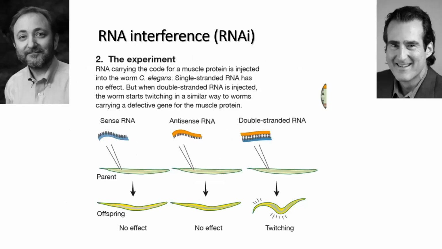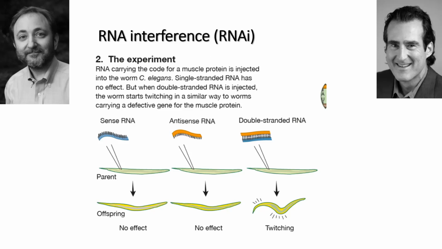Okay, so RNA interference, RNAi. This is the third worm Nobel Prize. This is Andy Fire and Craig Mello. It had been known, circa the late 90s, that if you inject single-stranded RNA into an organism or a cell, very often you can screw up the expression of the gene.